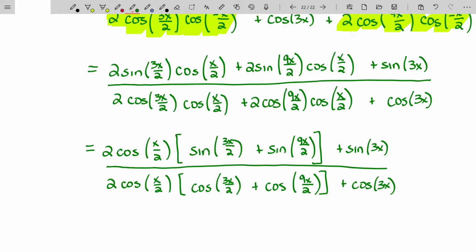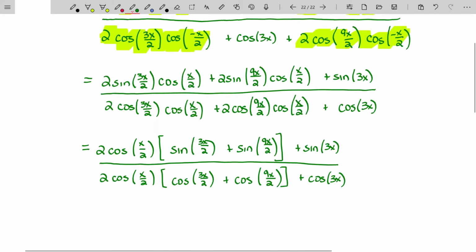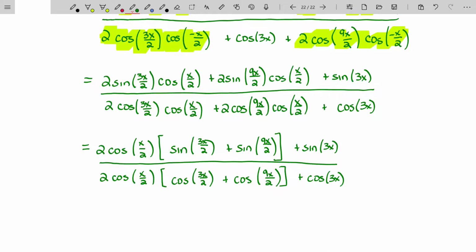Something I want to mention as I was writing this out, this reminds me of what some students will do. They'll make a tragic mistake where they will break this fraction apart and they'll say, oh, well, this last piece right here, that's a tangent of 3x. That is not true. That is totally not true. You cannot break apart a fraction like that.